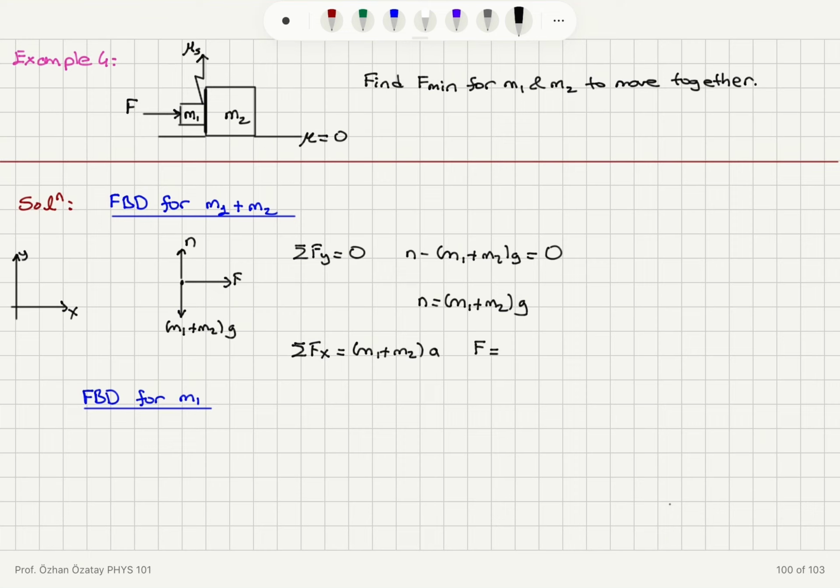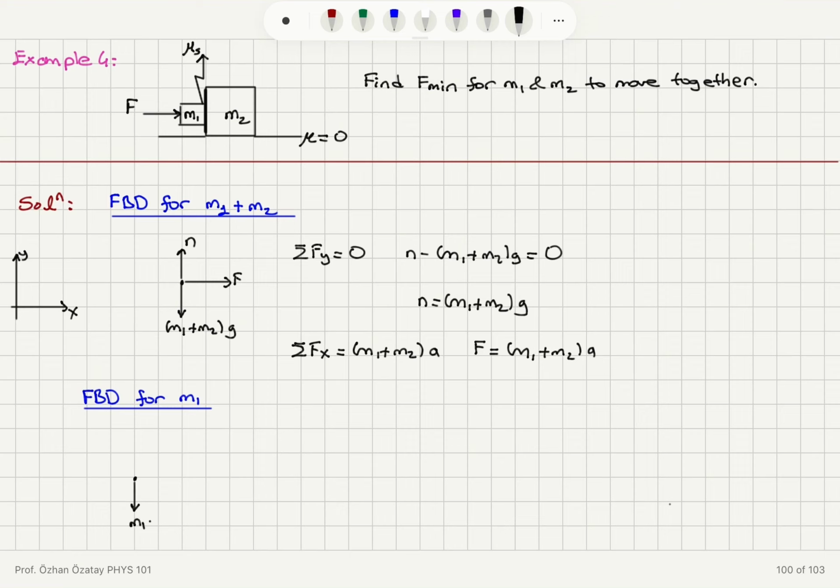The force applied to the right is F, so F is equal to (M1 plus M2)a again. Now I consider M1 alone. So M1 is modeled as a particle. It has a weight pointing down, which is M1g.